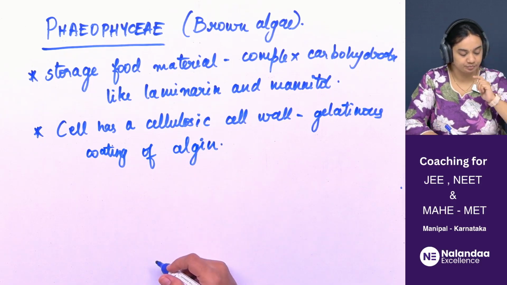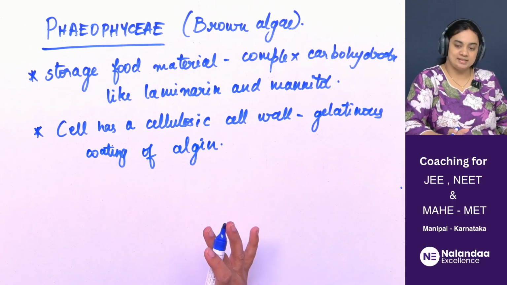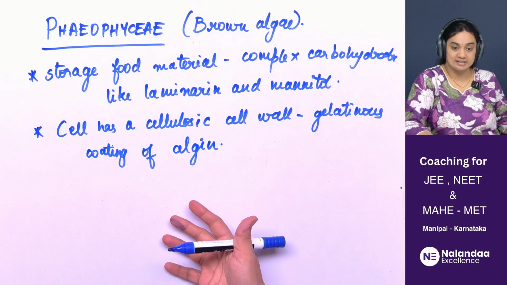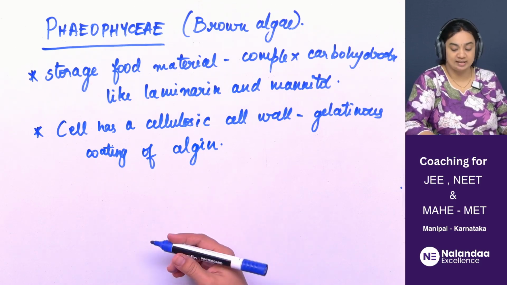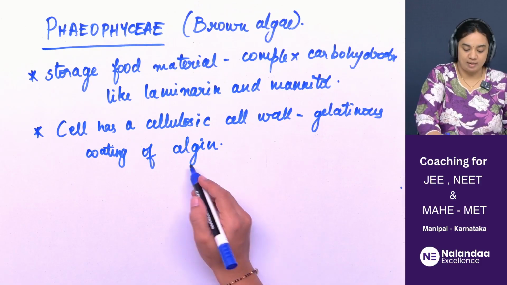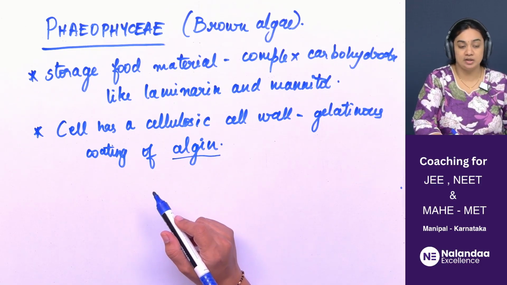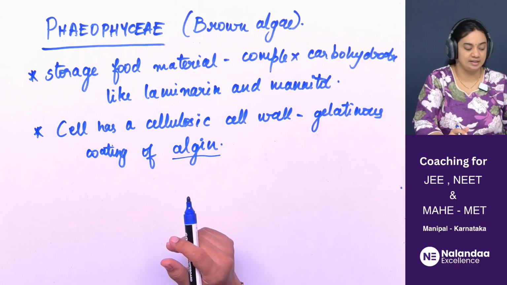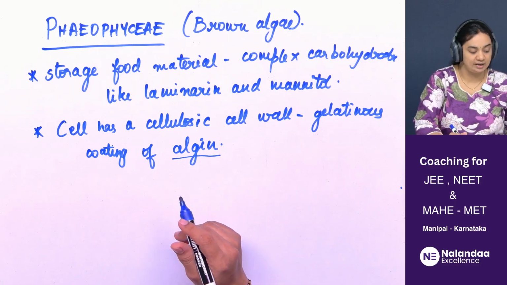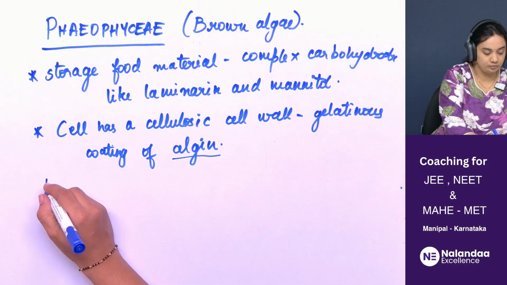Okay, the cellulosic cell wall is covered on the exterior by a gelatinous coating of a material called algin. This algin is a commercially useful material which we will see in the economic importance of algae.